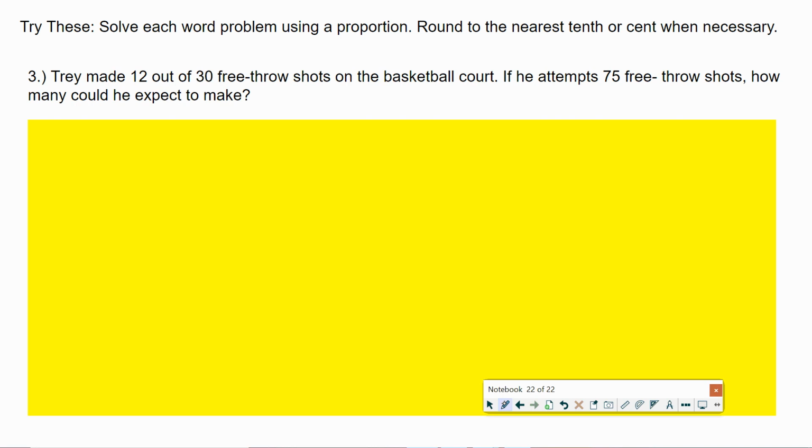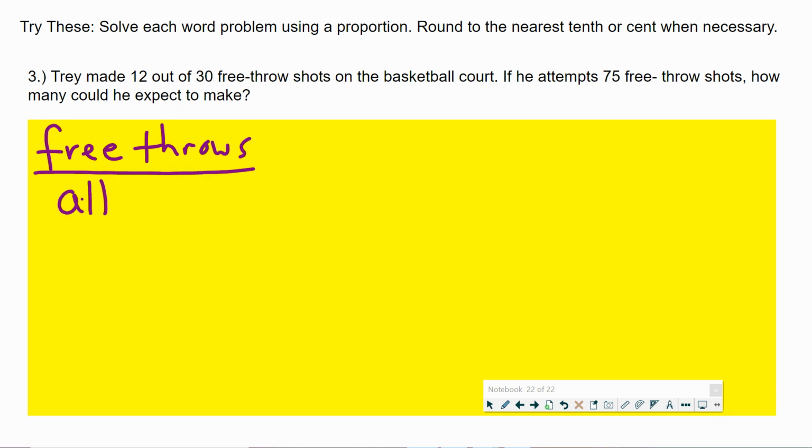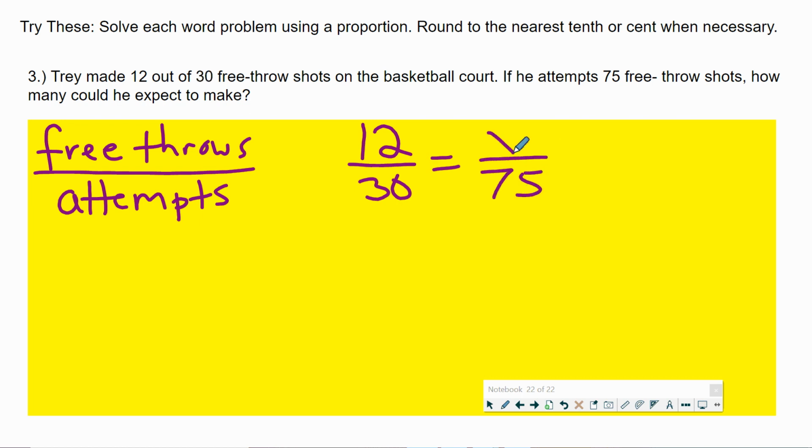Next one says Trey made 12 out of 30 free throw shots on the basketball court. If he attempts 75 free throws, how many could he expect to make? So it's actually free throws over attempts. Sometimes you have to read a little bit into what the problem is trying to get us to do. So he did 12 out of 30. If he does 75, which is the number of attempts, how many can he expect?